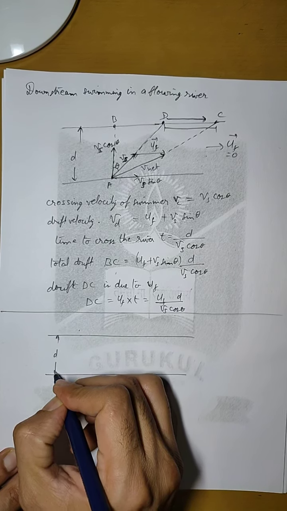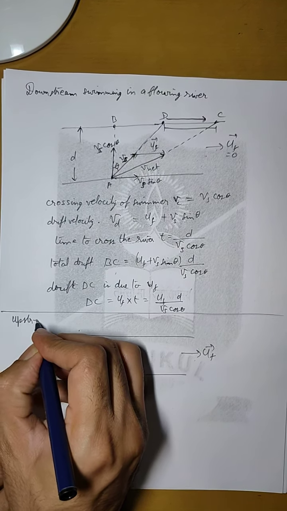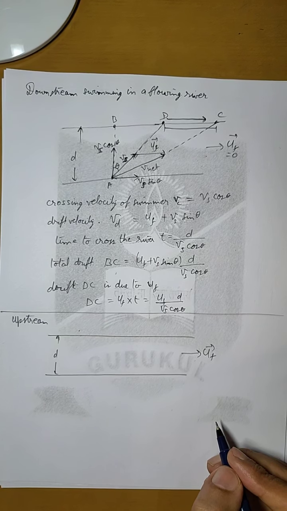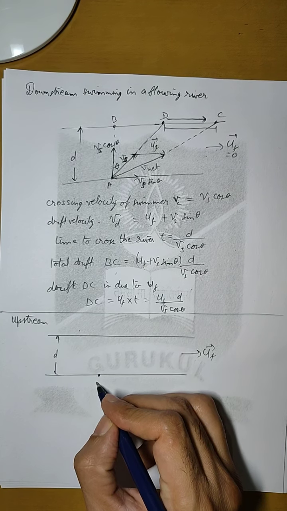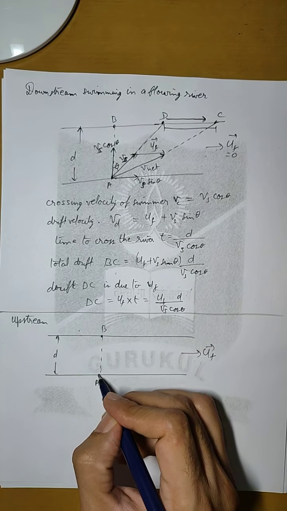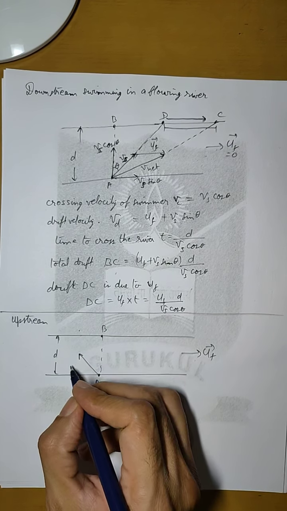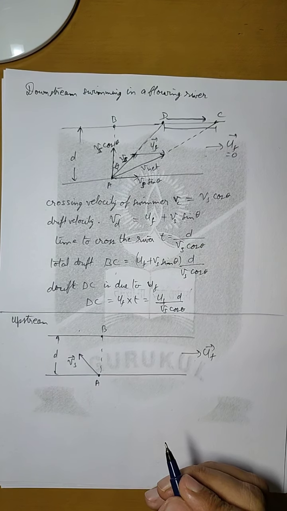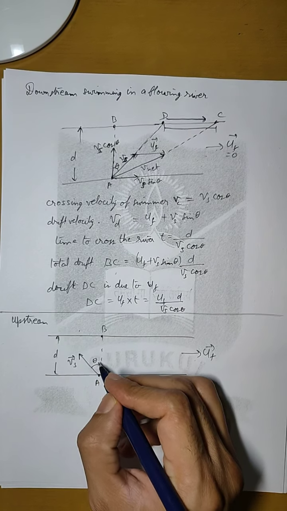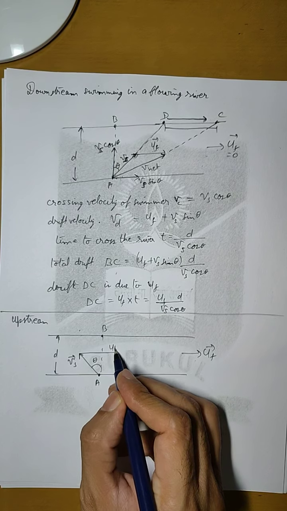This is the same river, this direction, and the swimmer is going upstream. So that means from point A he jumped upstream. Upstream means the upside of the river, so he jumped in this direction. So this is the velocity vector of the swimmer, Vs, making an angle theta with the vertical, and UF is in this direction.